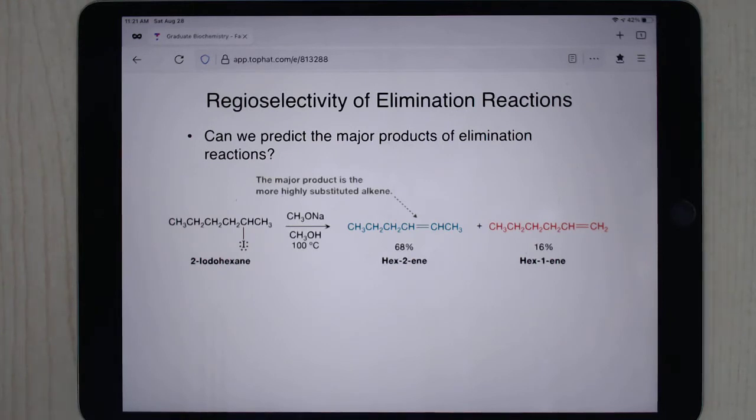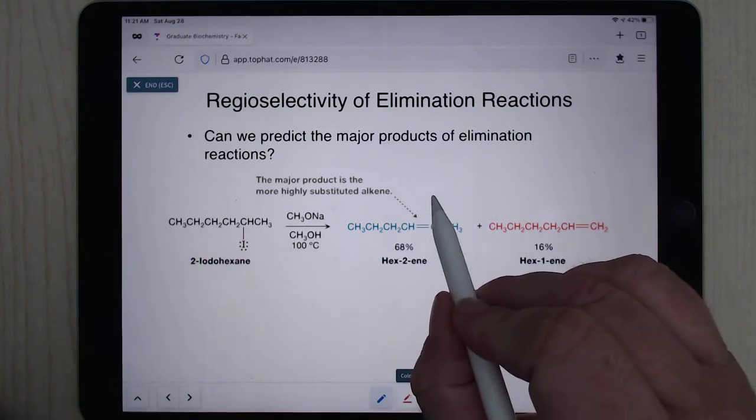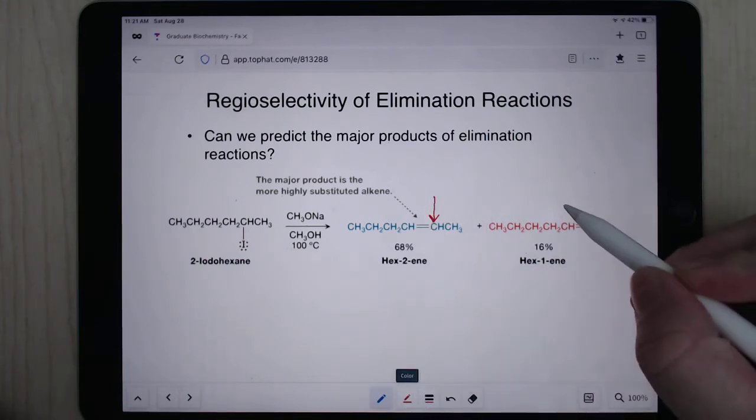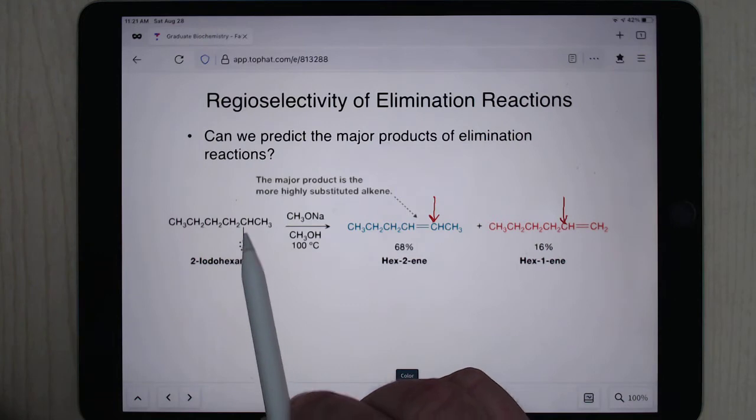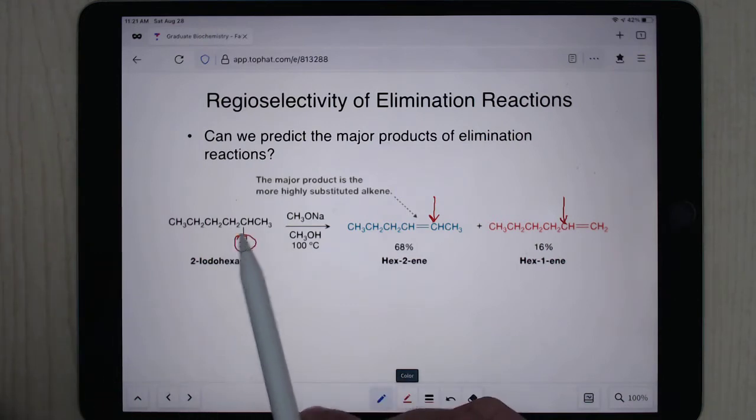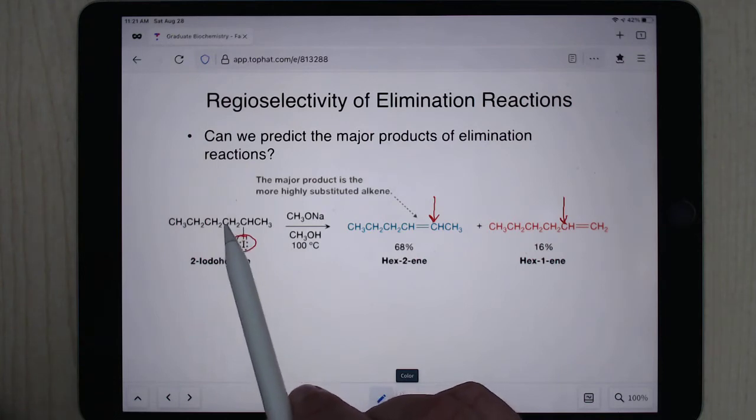Now, they're not made equally. When you have two potential products, they're not necessarily made 50% of one and 50% of the other. We can look at it here: here is where the original leaving group is, so it's this iodine. You look on the left, there at the CH2, we can make a double bond over here.